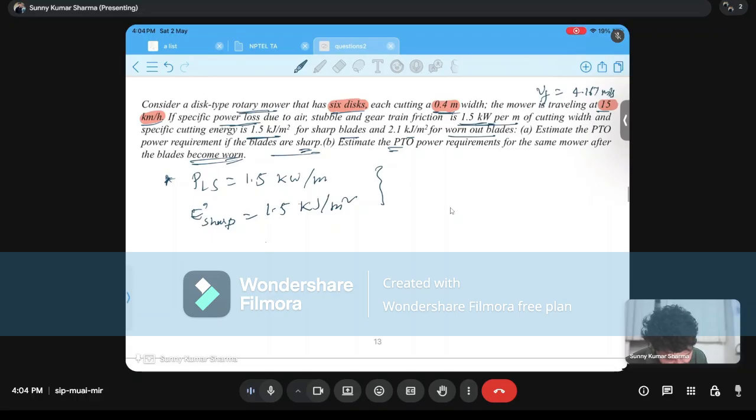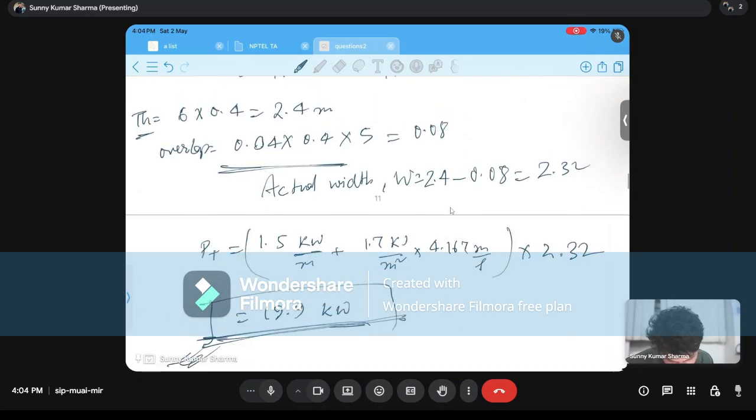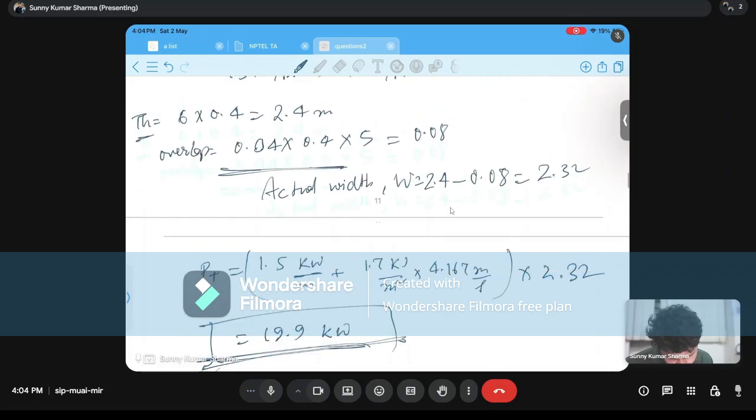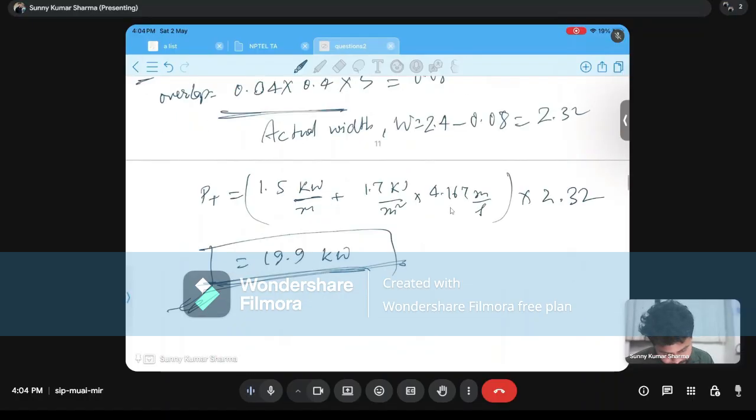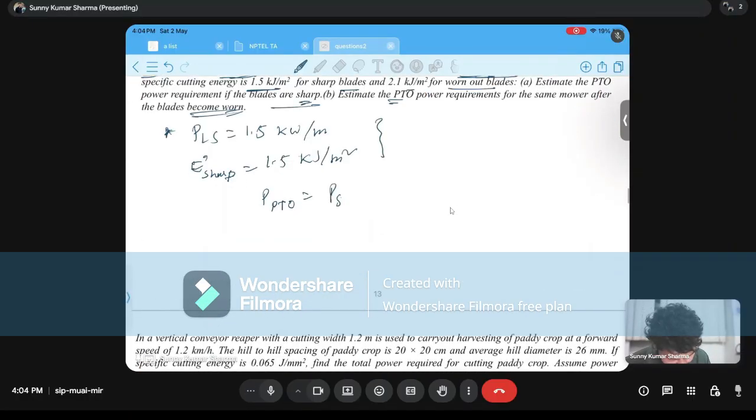And we have just discussed the formula for power requirement for PTO, which is PS plus E dash into VF into W.